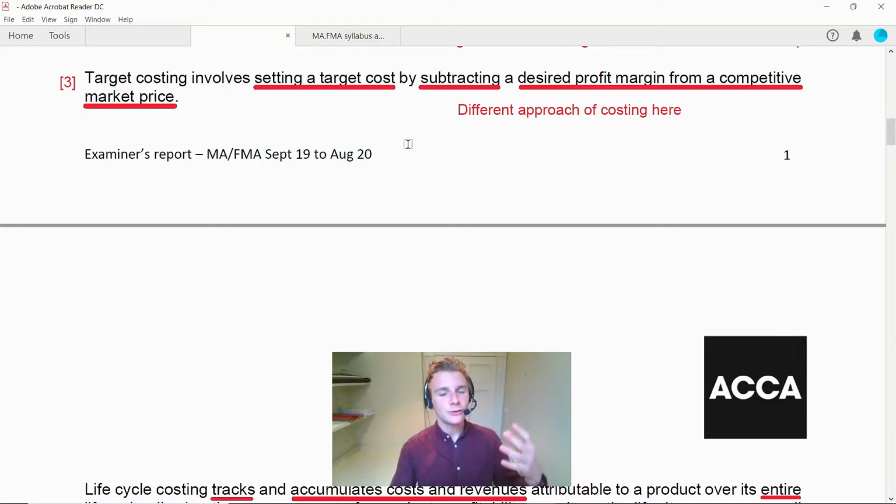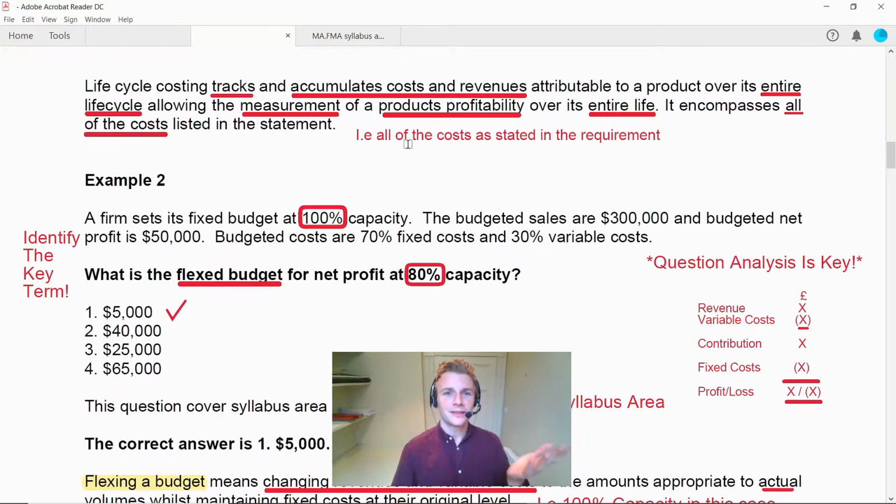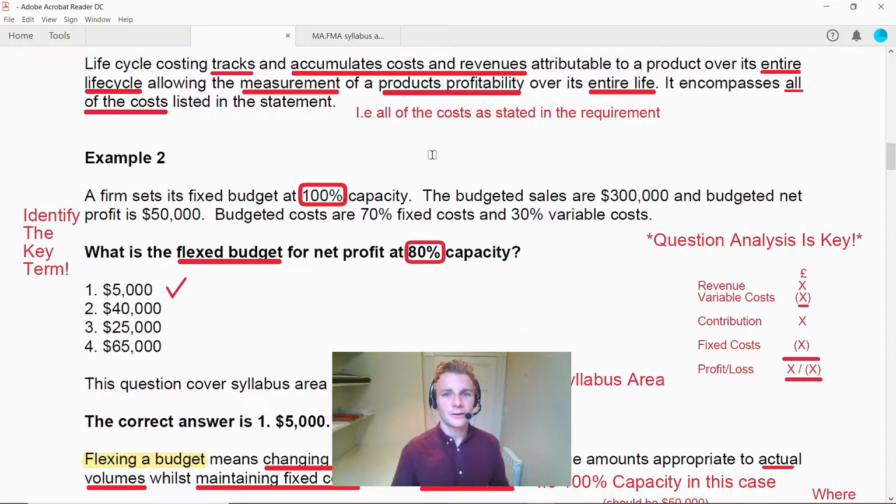Can you see how we're talking it through and you're actually agreeing with yourself to say, these three options we've gone through do not link back to the requirement and what I'm given in the question. Which of course nicely leads us on to the actual life cycle on here, as you can see on the screen. So it tracks and accumulates costs and revenues across the entire life cycle, the measurement of products' profitability over its entire life.